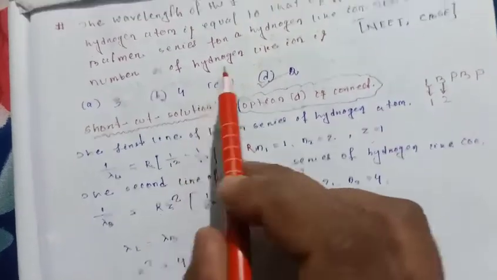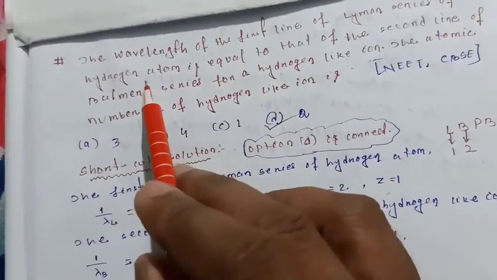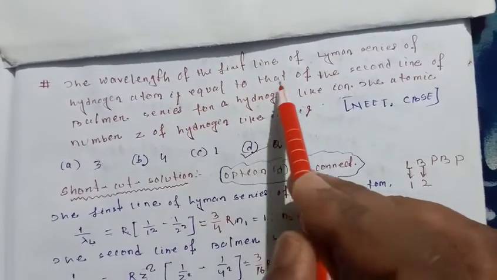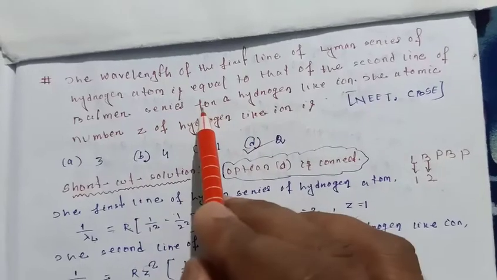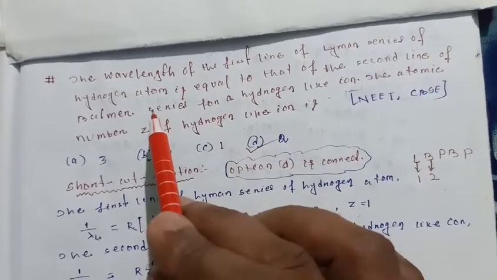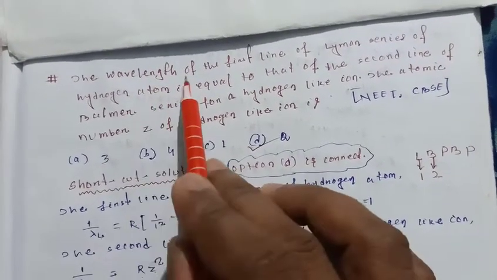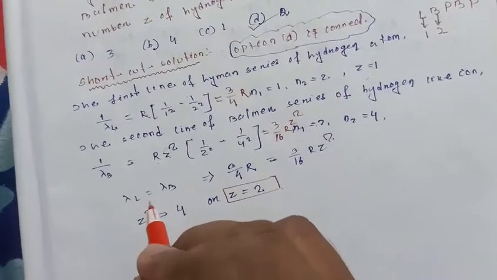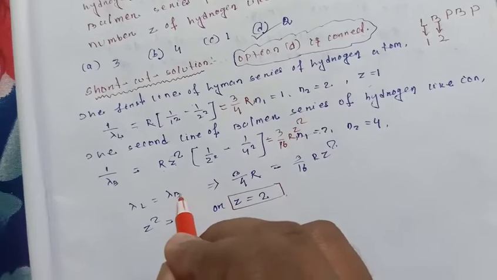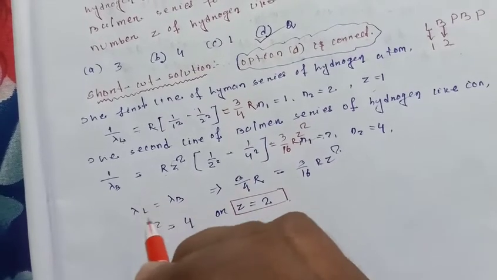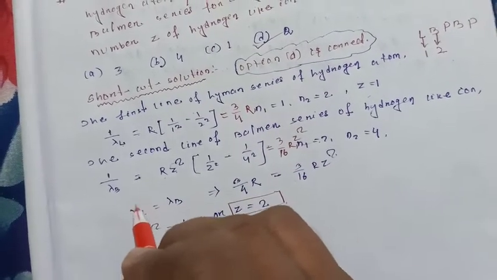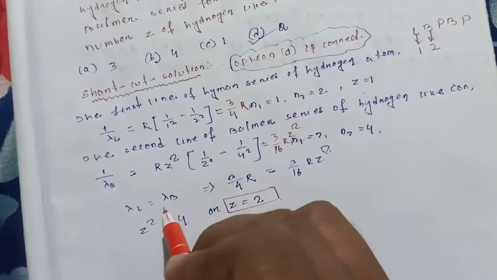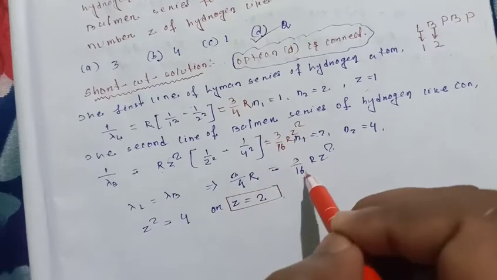According to the question, the wavelength of the Lyman series of the hydrogen atom must be equal to that of the second line of the Balmer series, so lambda L equals lambda B. The value for Lyman is 3 by 4 R, which equals 3 by 16 R Z square.